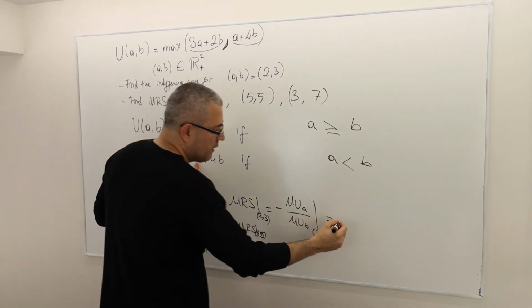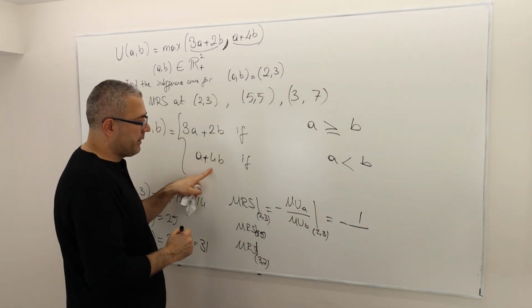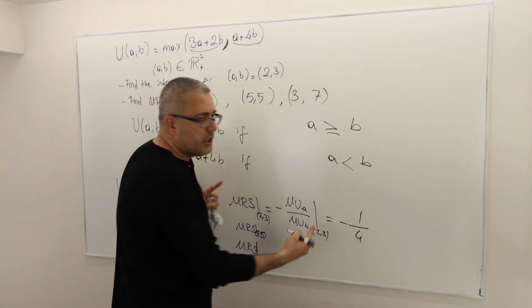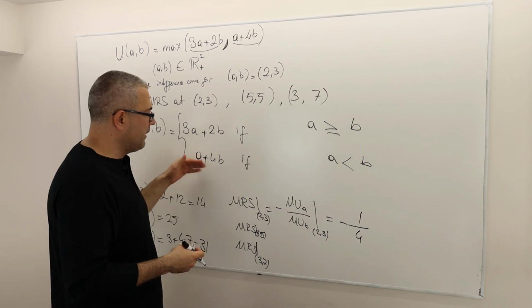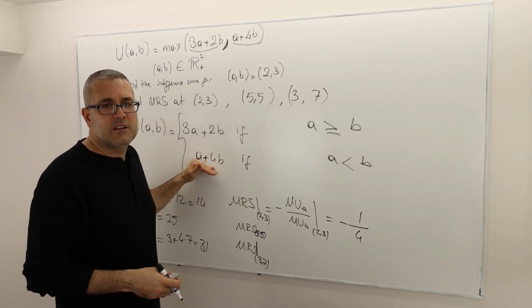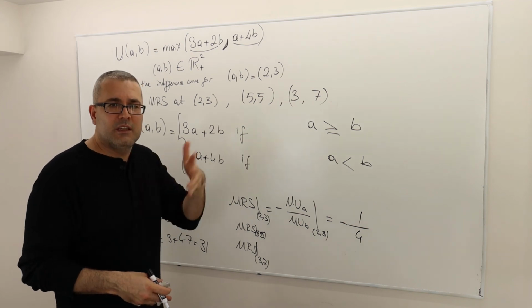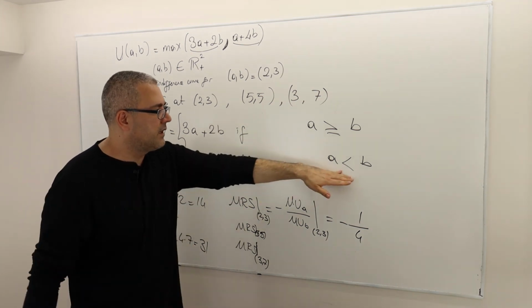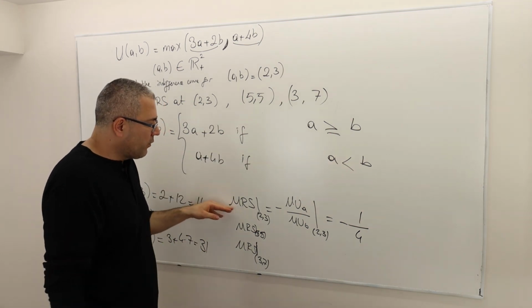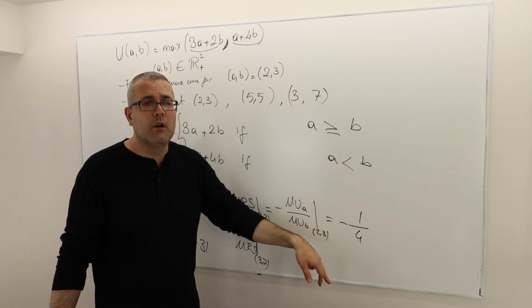It's 1. So don't forget this minus sign, 1, divided by the marginal utility with respect to B, which is 4. There is no A, there's no B, which is fine, because this is a straight line, and so its slope is constant, independent of the AB values, as long as AB satisfy this. So therefore the marginal rate of substitution at this point is minus 1 over 4.